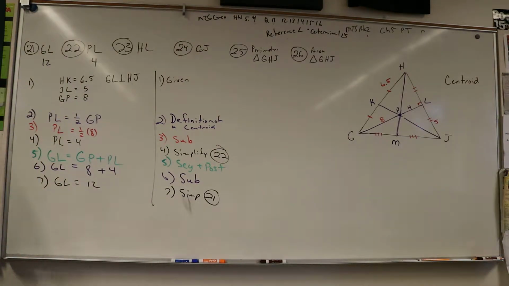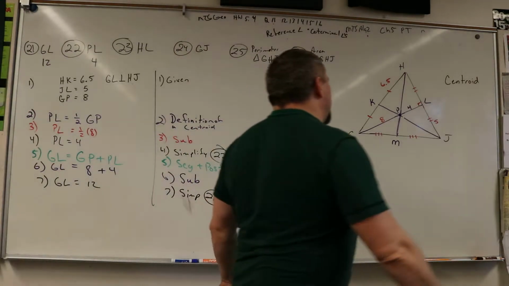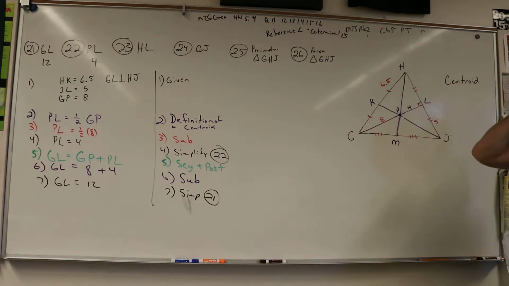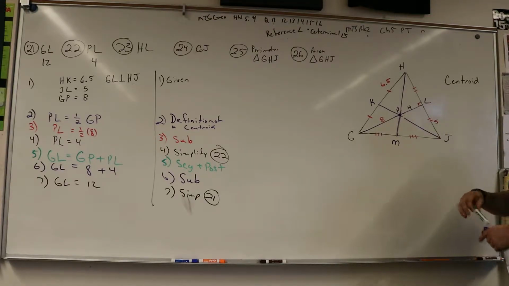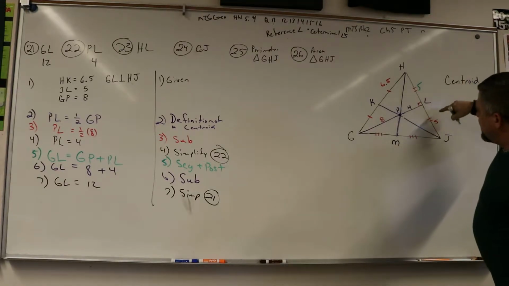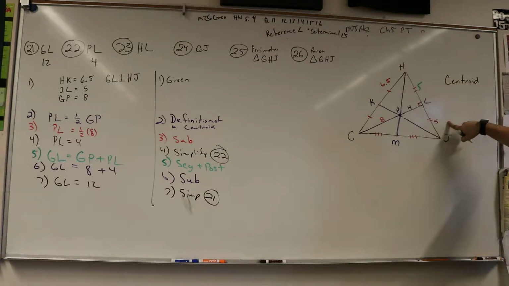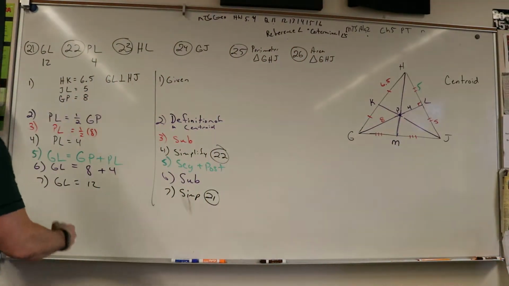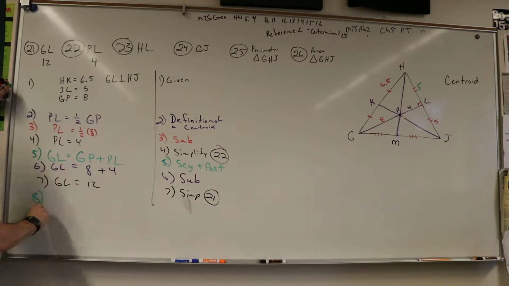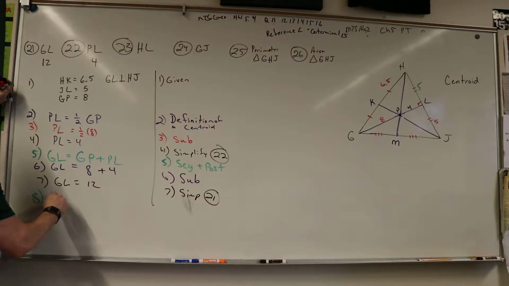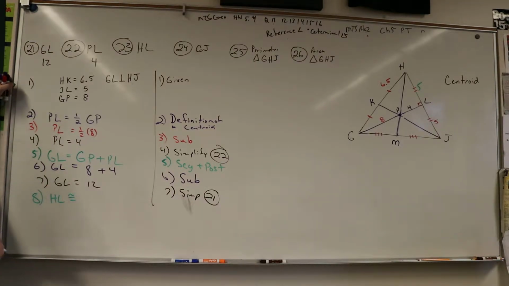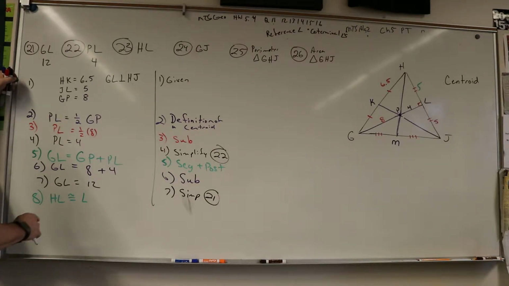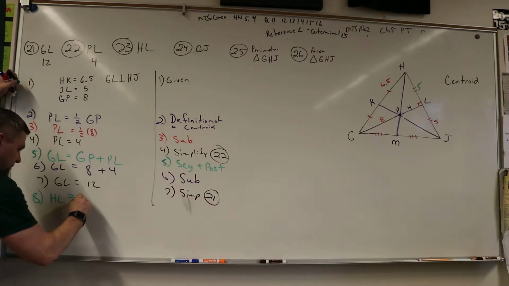Alright, 23, HL. How do I get HL? It's 5, because of the lines. Yeah, because they're congruent, right? Definition of congruence. So HL is congruent to JL, since that's the way we wrote it up here.